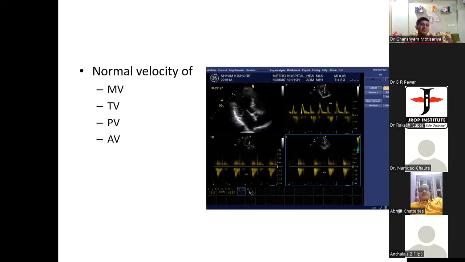No, that is aortic valve. Half of that, 0.9, is pulmonary valve. And mitral? Mitral 2. A little less than aortic valve? 1.3. And half of that is tricuspid. 1.3 mitral valve, half of that is tricuspid. I hope you remember.